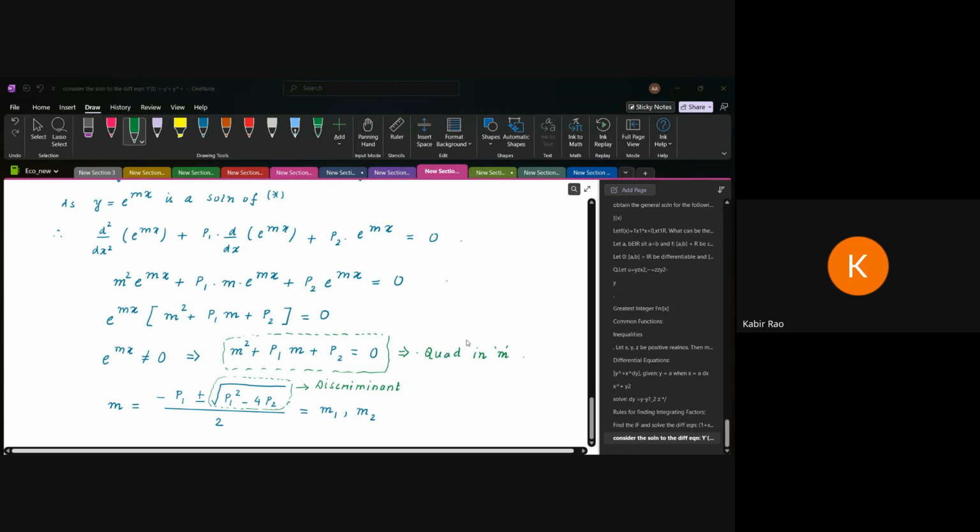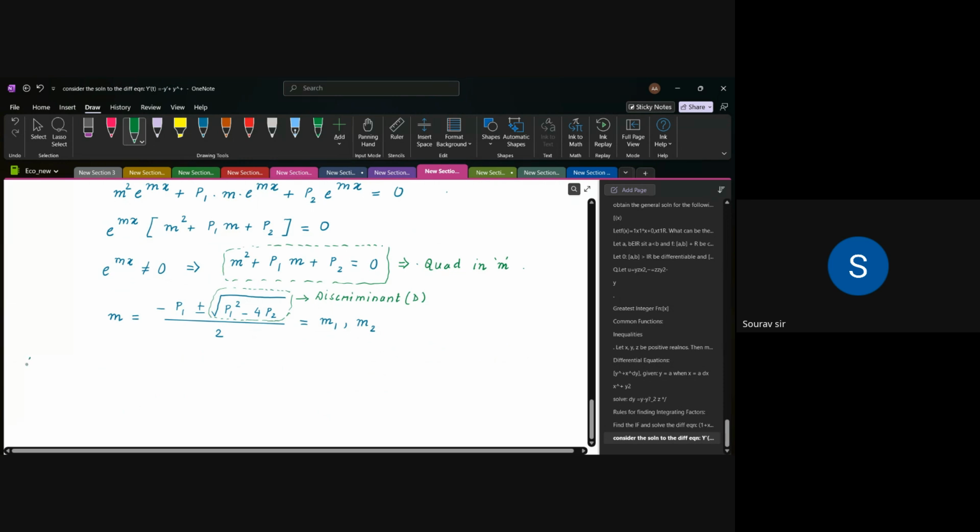If it's equal to 0, there is one real root with multiplicity 2. And if the discriminant is less than 0, we still have two roots, but they are complex in nature. Exactly. So the nature of m1 and m2 depends upon the value of this discriminant D.